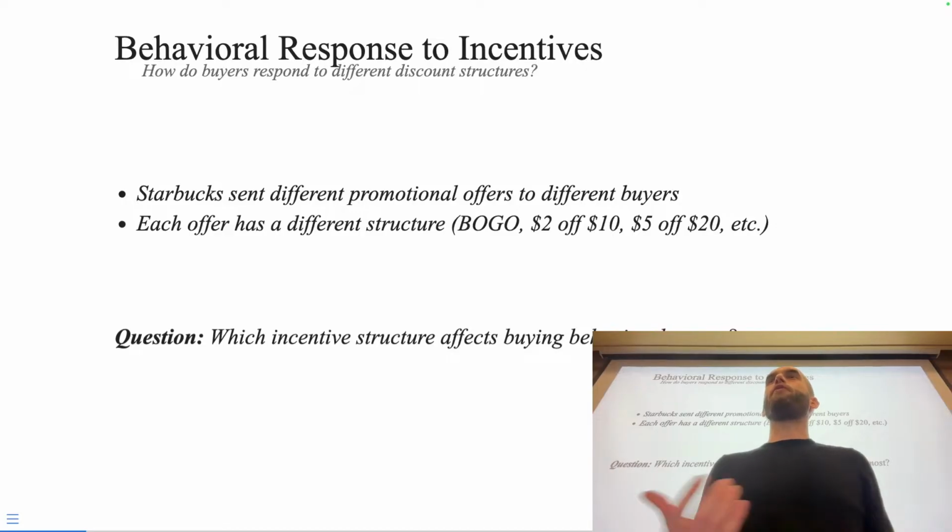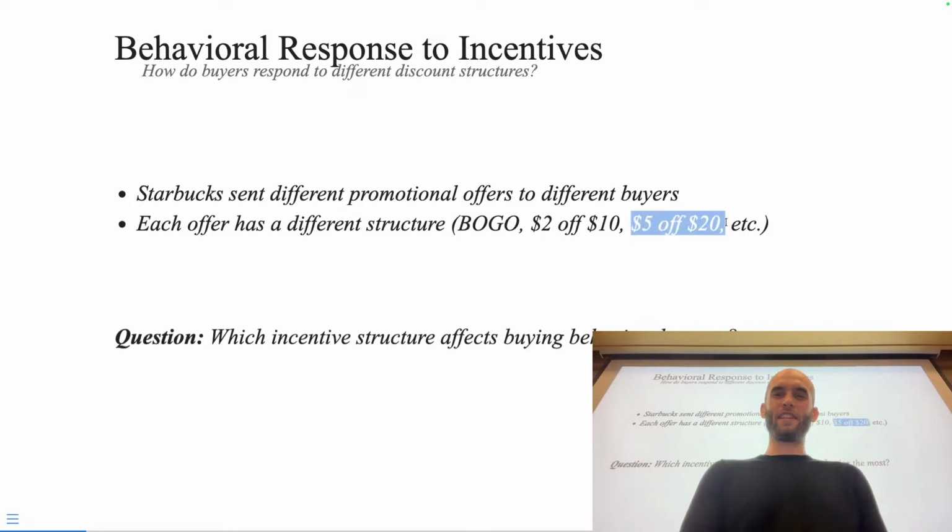Is $5 off of a $20 order going to be compelling to you? I don't think I've ever ordered $20 worth of anything on that app. So is this useful? Is this one maybe better? I also don't think I've ever spent $10 at Starbucks. So thinking through the incentives that are going on.